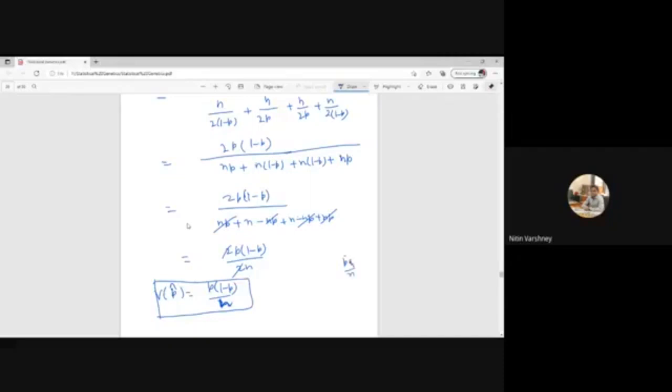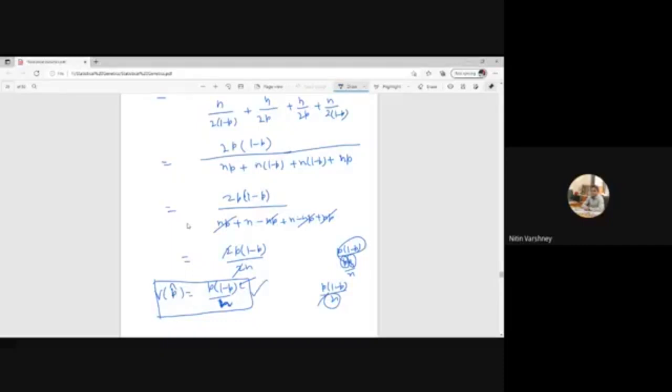Remember that in case of binomial distribution, if I consider p and 1 minus p, and we are taking the proportion, this is very similar to the variance in binomial distribution: p into 1 minus p divided by n, and nothing else.